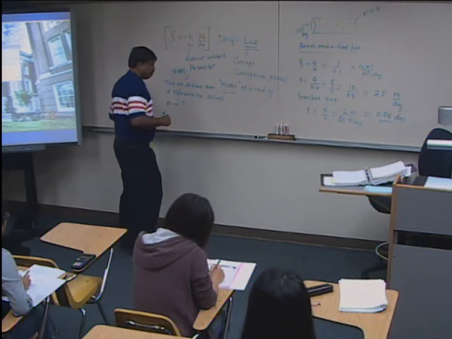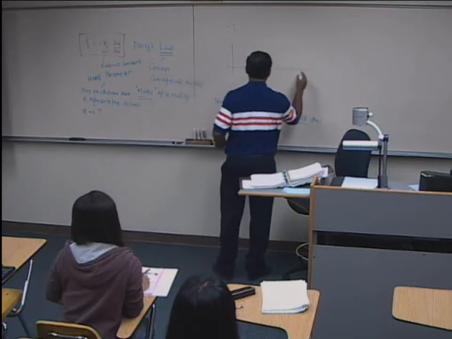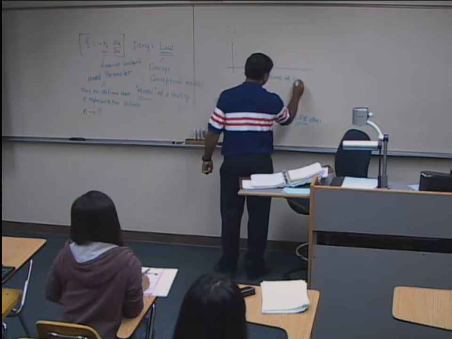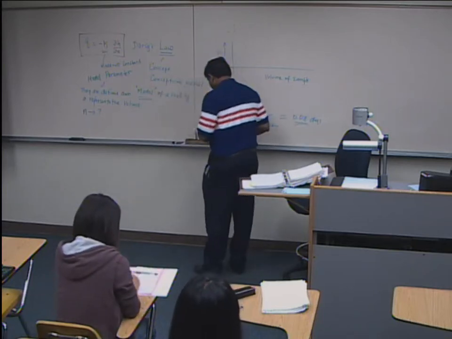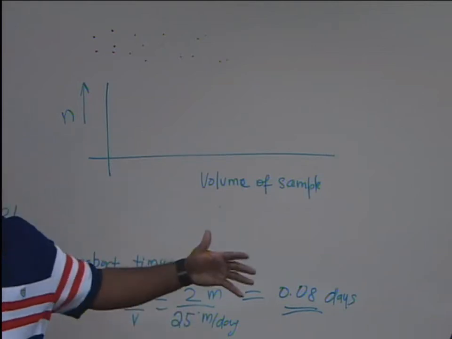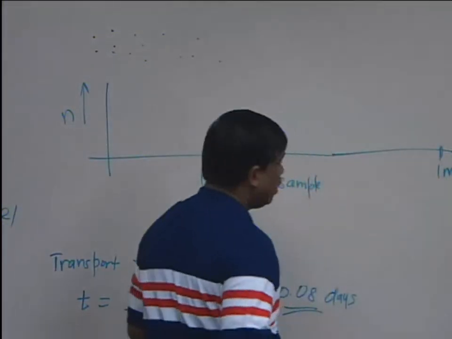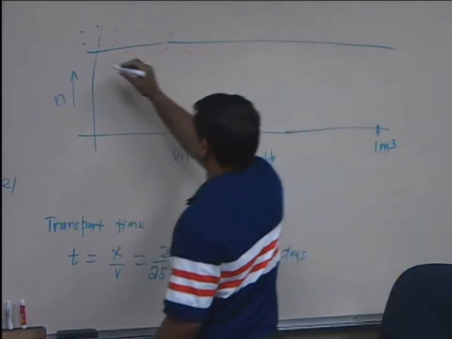In fact, porosity is a good example. If I map the volume of the sample against porosity, let's say I take this much soil, 1 meter cube, and I measure the porosity, it's close to, let's say, 0.4.